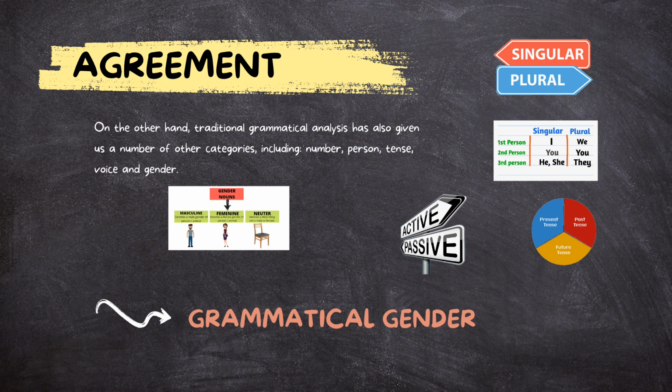For example, Spanish has two grammatical genders, male and female. For example, the sun or el sol is for he, and la luna or the moon is for she because it's feminine.